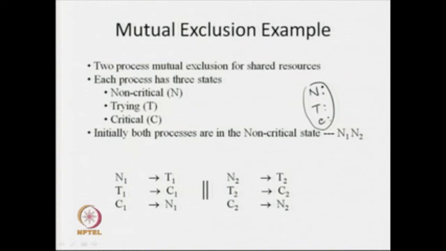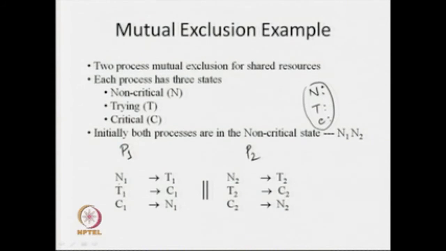Now, we are talking about two-process mutual exclusion. So, we have process P 1 and process P 2. Process P 1 can be in these three states: N 1, T 1 and C 1. Similarly, process P 2 can be in three states: N 2, T 2 and C 2. Now, what are the transitions?